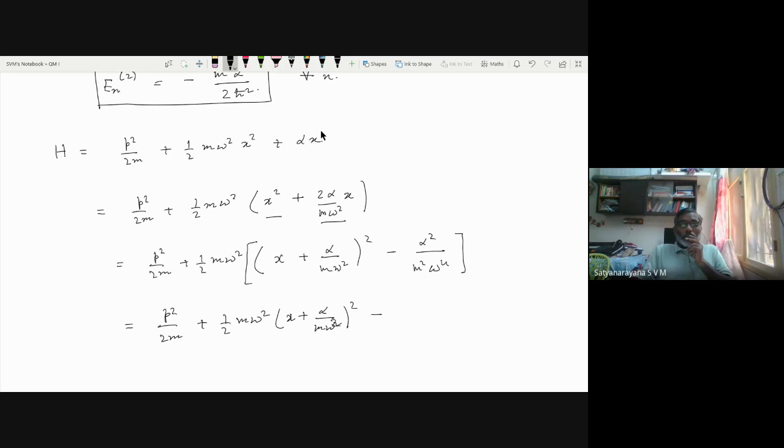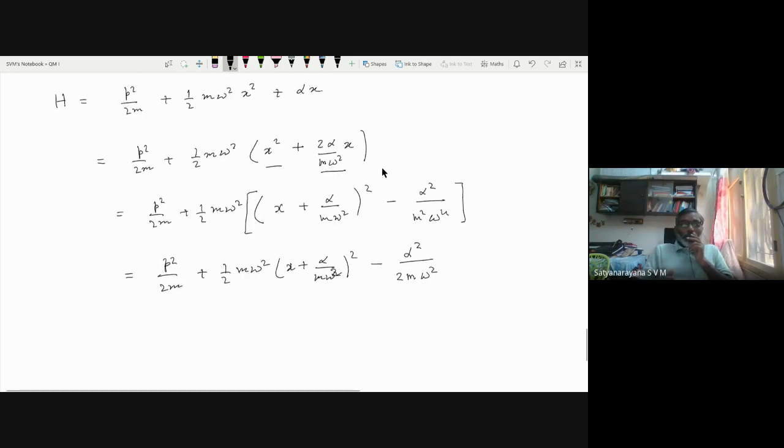And minus, of course, I multiply this half omega square with this, so minus alpha square divided by 2m omega square. Okay, this is the Hamiltonian.